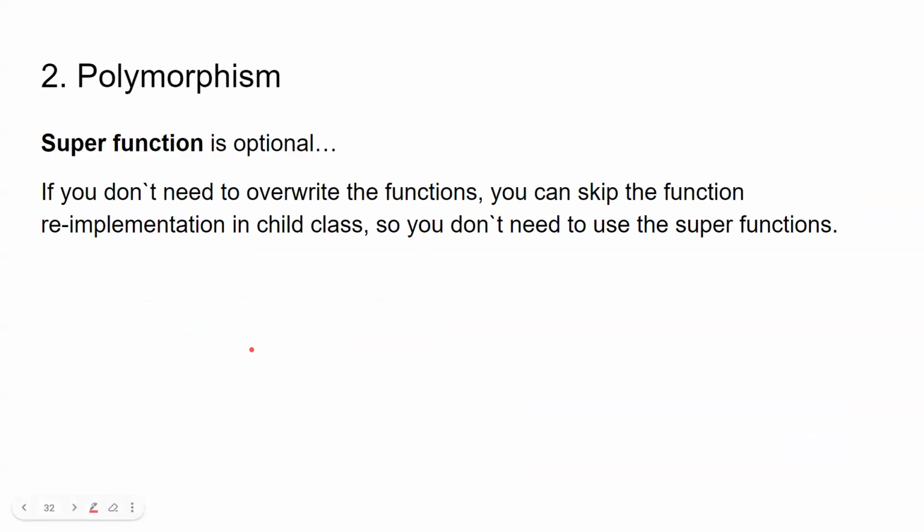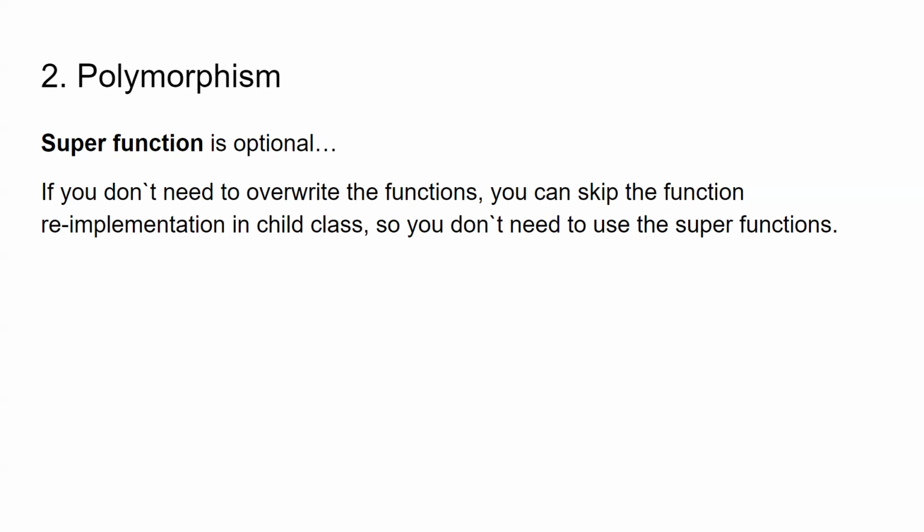Why do we use super functions? They help you check back to your parent class, because you don't want to make a change to the functions from the parent class.